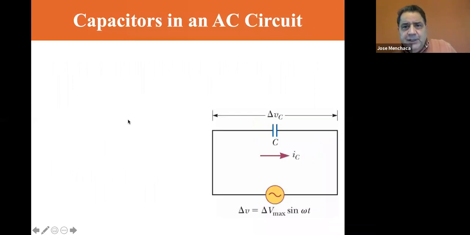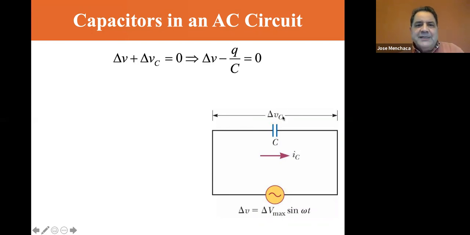So capacitors in an AC circuit, we have the alternating voltage source. We have a capacitor, the current through the capacitor and the voltage across the capacitor. Applying Kirchhoff's loop rule, delta V plus delta V_C is equal to 0.